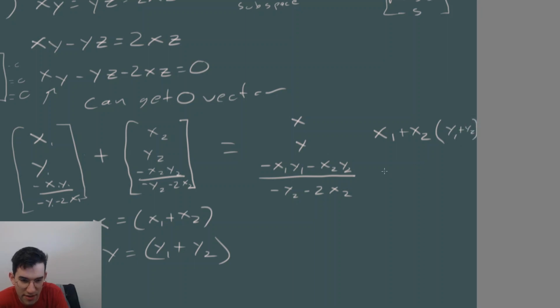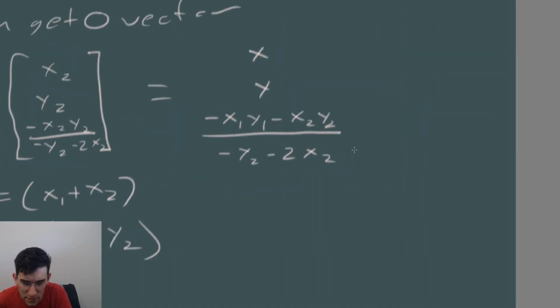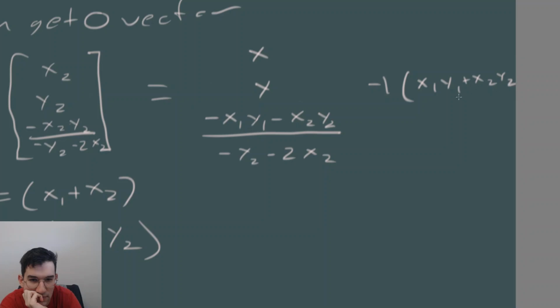Is this terrible math? Is this just the worst math ever? I think it is. That's just disgusting. Well, we can factor out negative 1. We'll have to come back to this one.